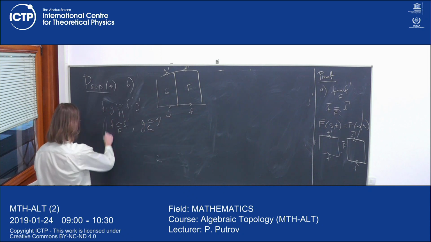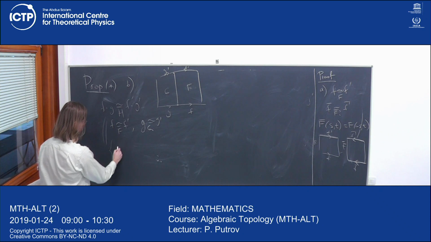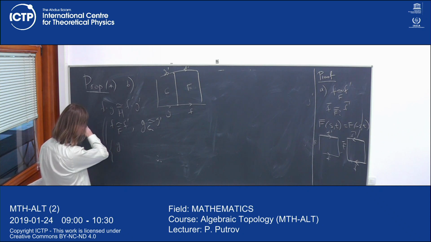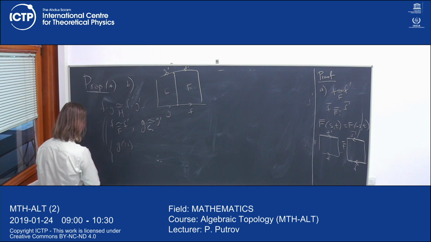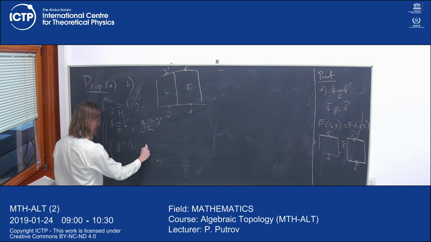Well, let me define this as, sorry, I want to say that this is a function of S. So this is a function from 0 to 1, which sends S to this.